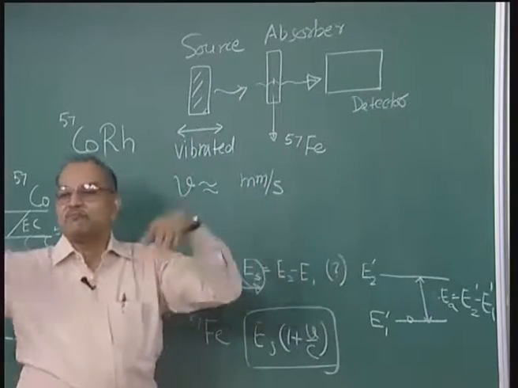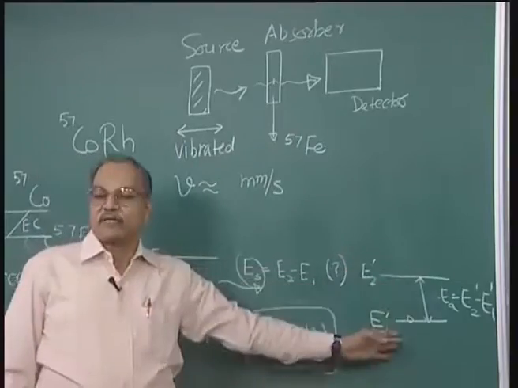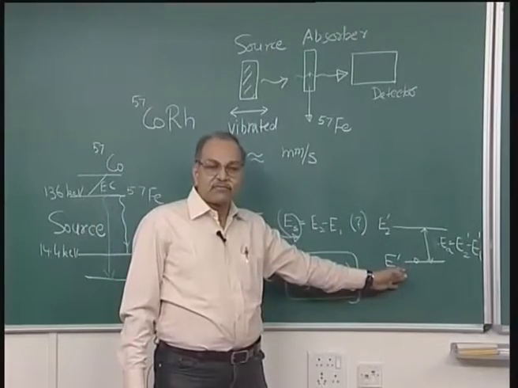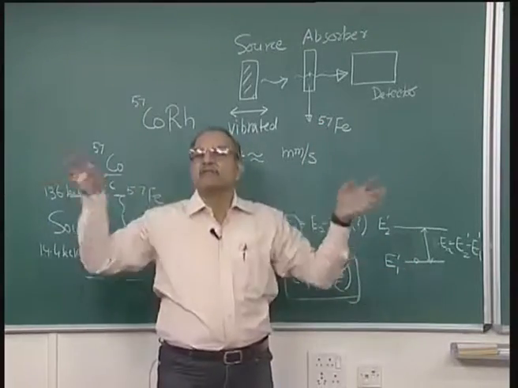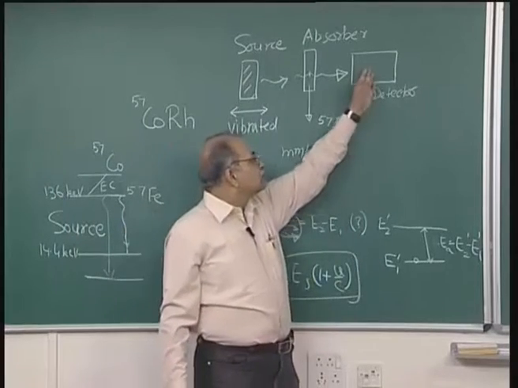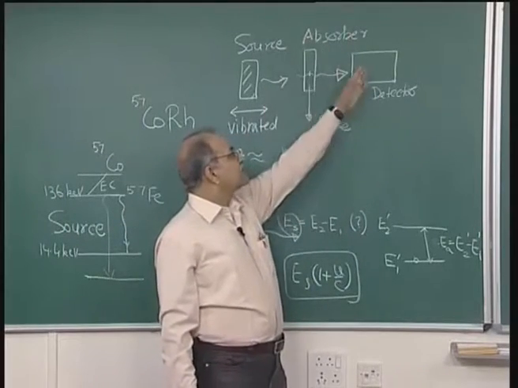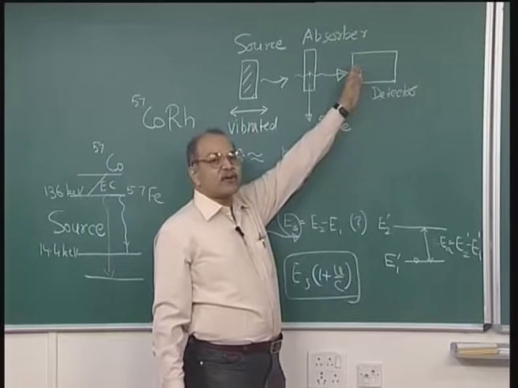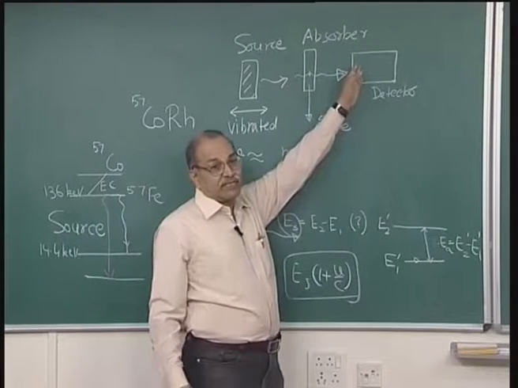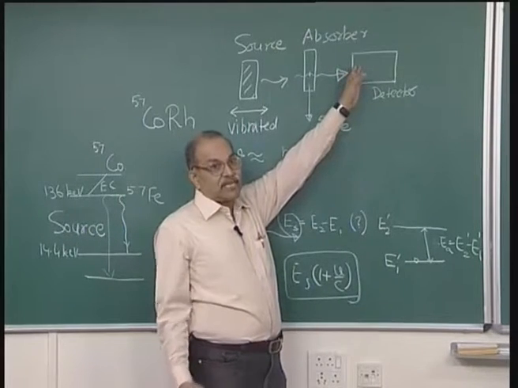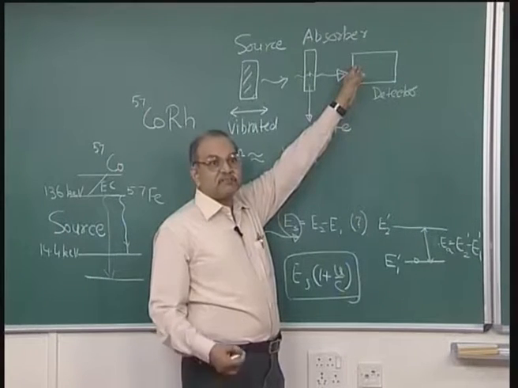After that it will emit its own gamma ray, will come to the ground state, but that emission is in all directions. So, most of it is going in different directions. In this detector, how many gamma rays I am counting as a function of time, and therefore, as a function of velocity.